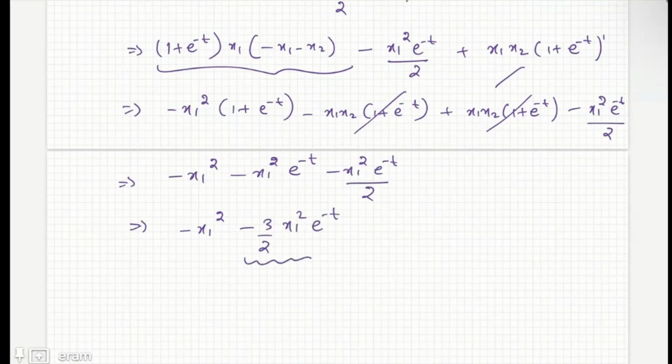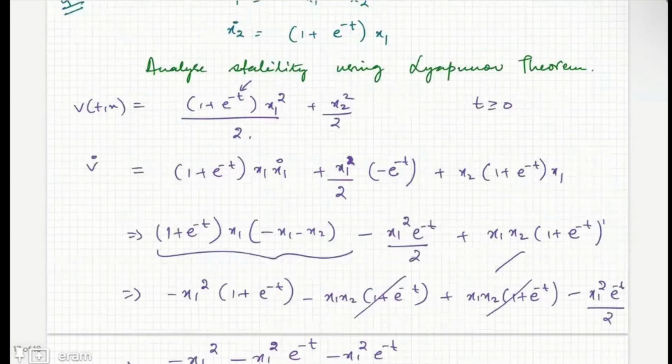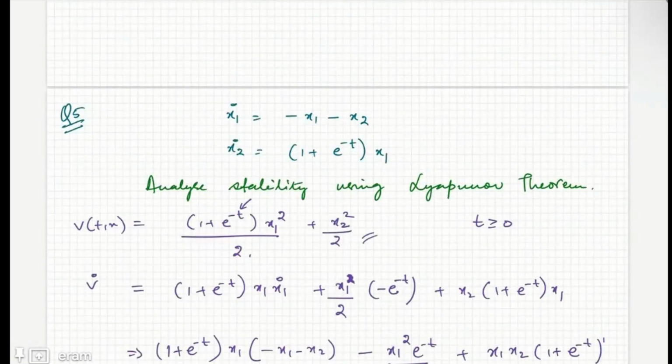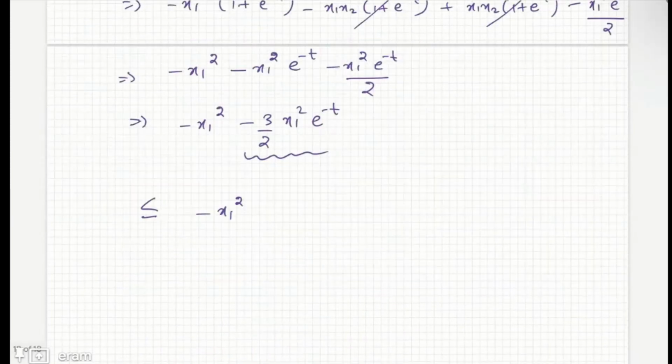Since this is a whole negative term, it is less than or equal to minus x1 square. So what we started with, a positive definite function, will end up with v dot being negative here.